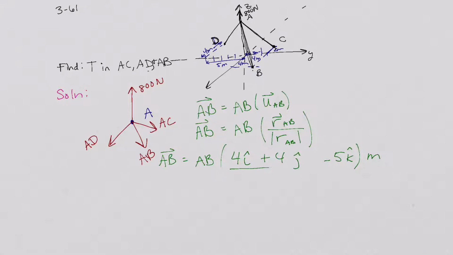So we have to divide that by the square root of 4 squared plus 4 squared plus 5 squared. So the square root of each of those components squared.